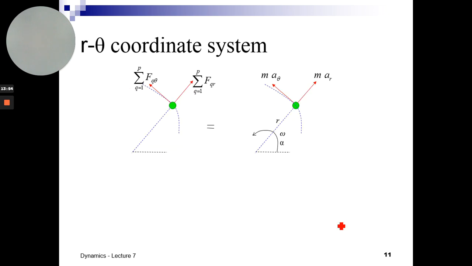For the r theta coordinate system, actually the particle is moving radially, dia bergerak secara radial ke atas, and then at the same time dia punya degree ni berubah-ubah.